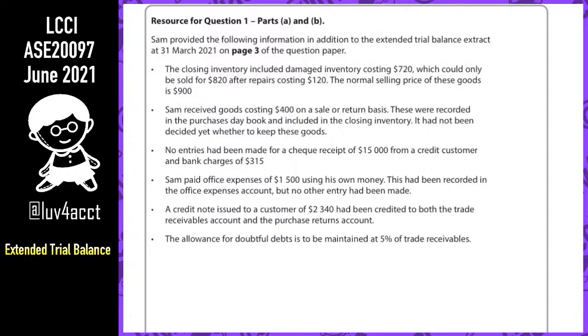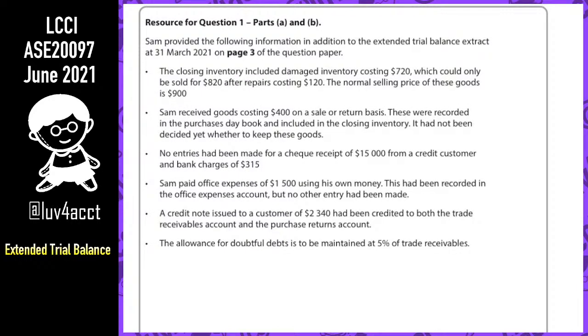paper. Closing inventory included damaged inventory costing 720, which could only be sold for 820 after repairs costing 120. Normal selling price of this good 900. So originally net realizable value 900, but now we have to calculate 820 minus 120, that is 700.